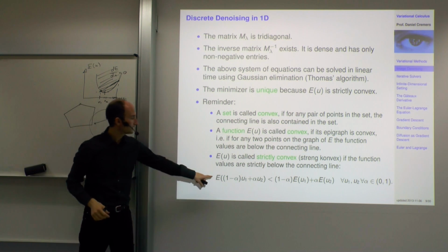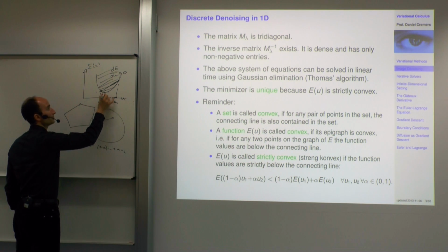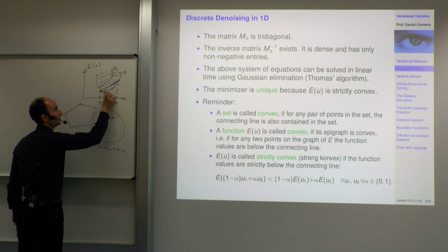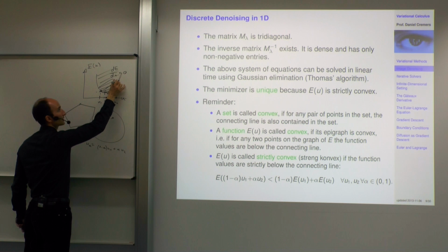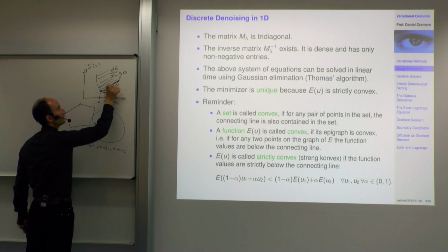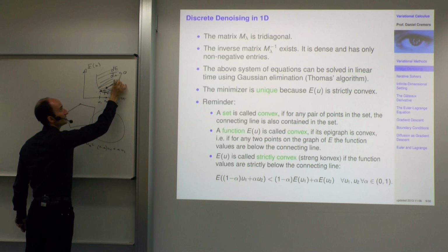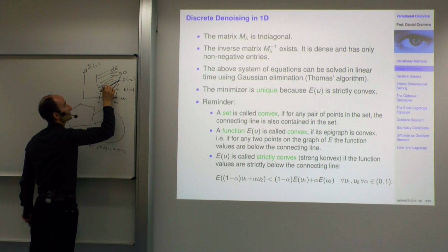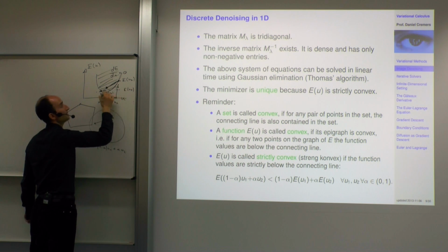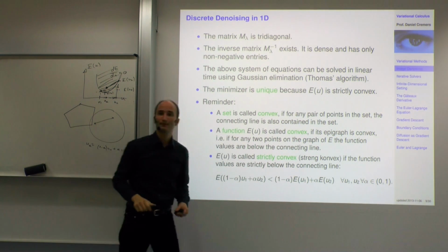And then what does this inequality say? It says the energy at that intermediate point, that is E of U alpha, is smaller or equal to the convex combination of values, and that is this point here. So here you have E of U2, here you have E of U1, and this point here is just the same linear or convex combination of the energies.